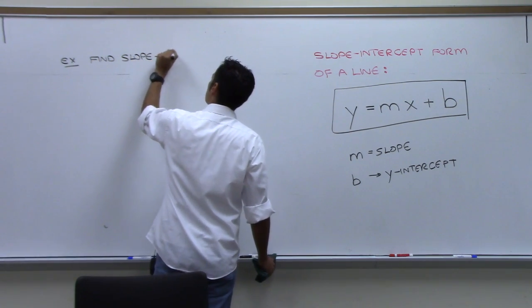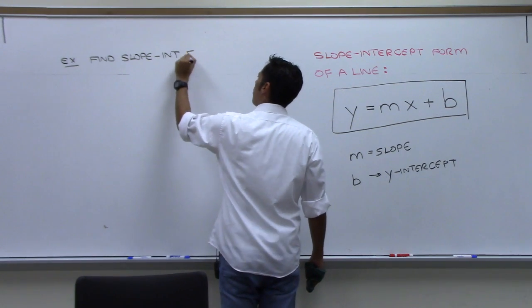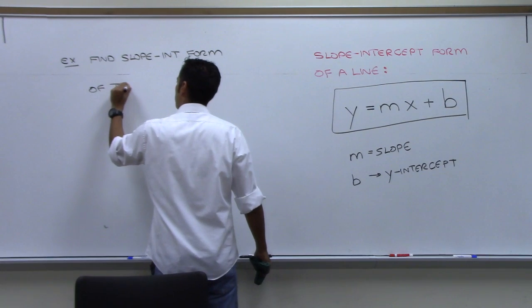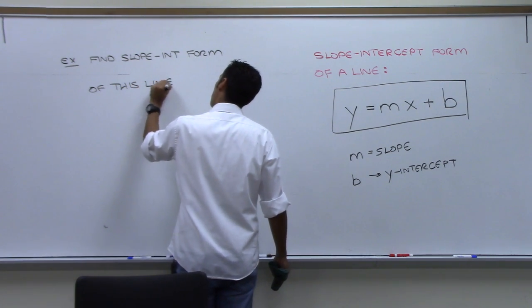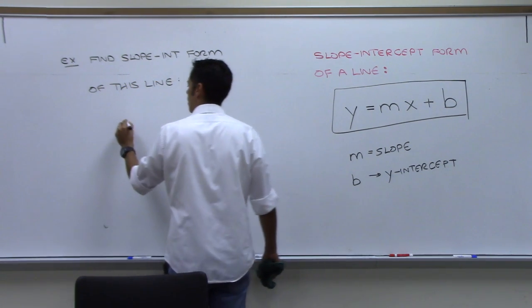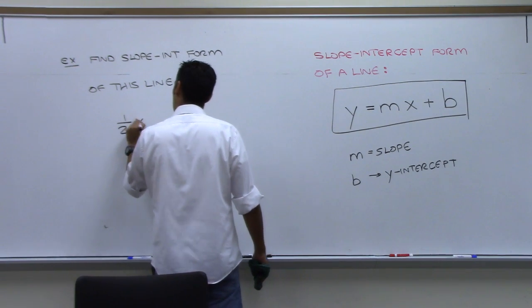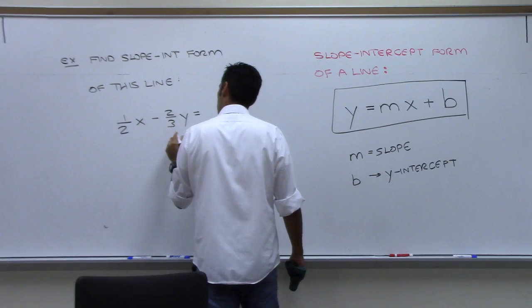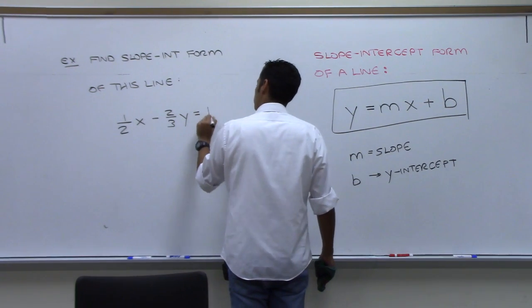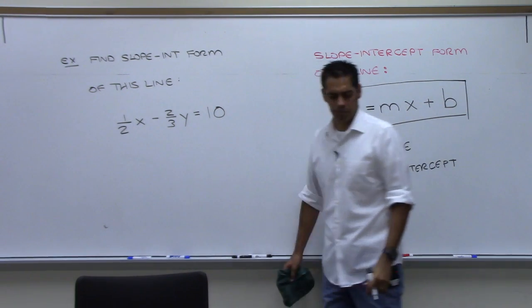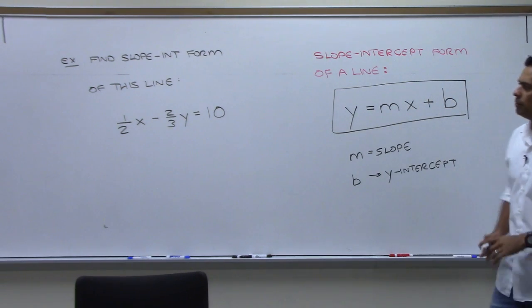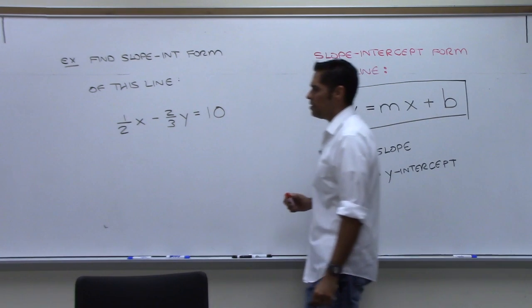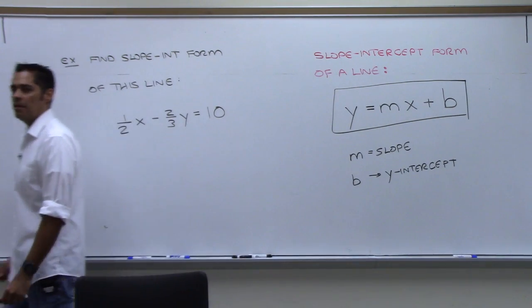I'm just going to write slope-int form of this line. And we should briefly discuss this. How do I know that that's the equation of a line?